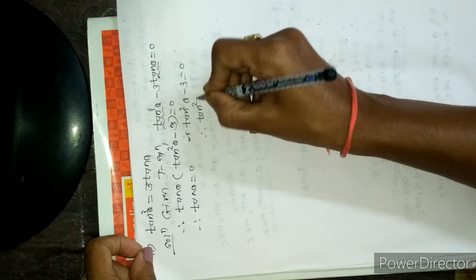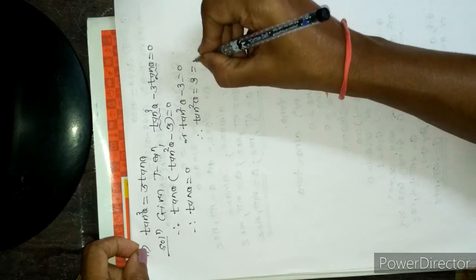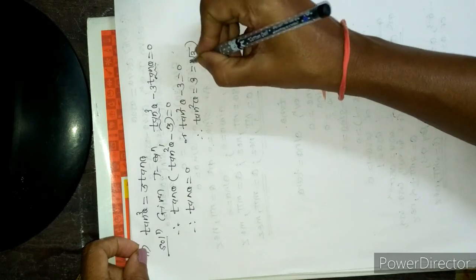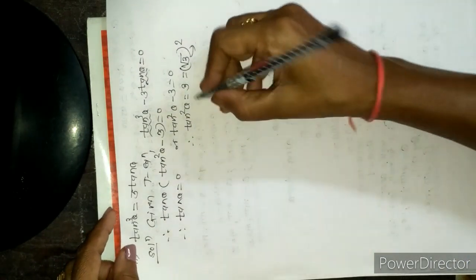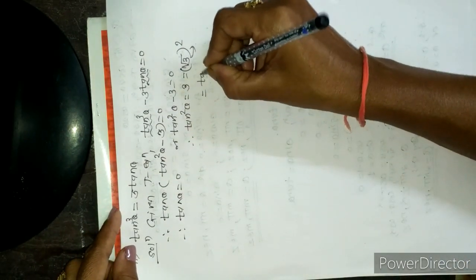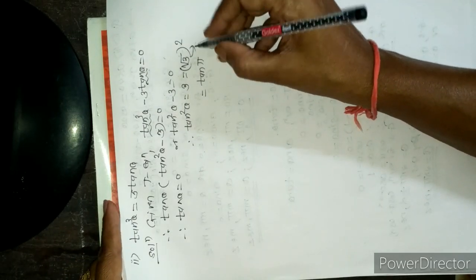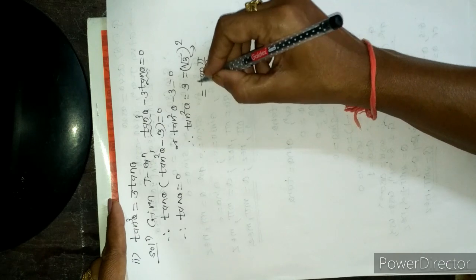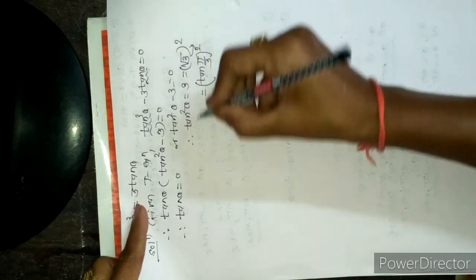We get tan square theta is equal to 3. But that 3 is nothing but root 3 squared. Now we can check for which angle the tangent ratio is root 3. We know that root 3 is the value of the tangent ratio for the angle of 60 degrees, that is pi by 3. So tan pi by 3 is root 3, and so we can write its square.